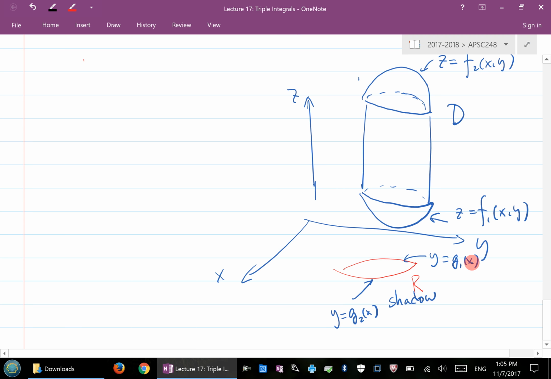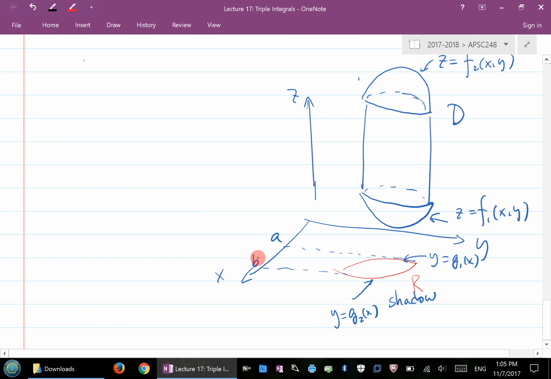So there are two curves. This is in the xy plane, right? So these are two curves, and these are two surfaces. So label all the boundaries, and you should be able to find the x limit, the boundary in the x limit here. So this is a to b.